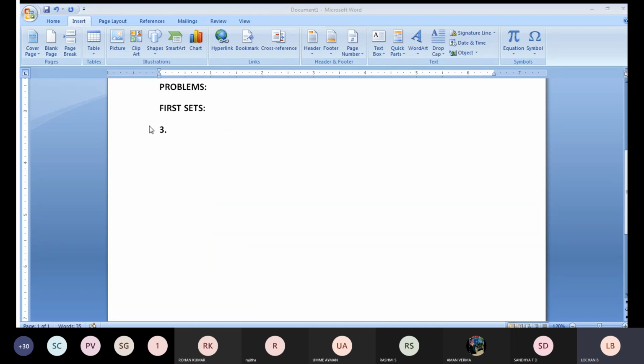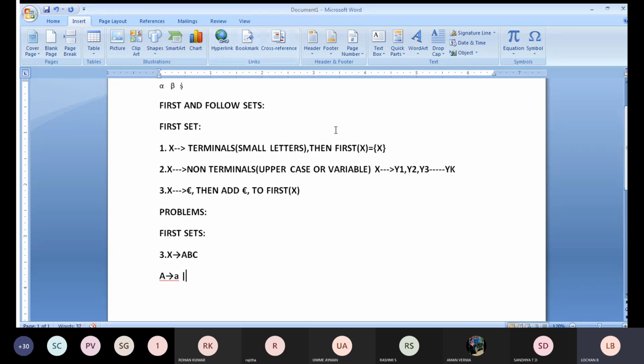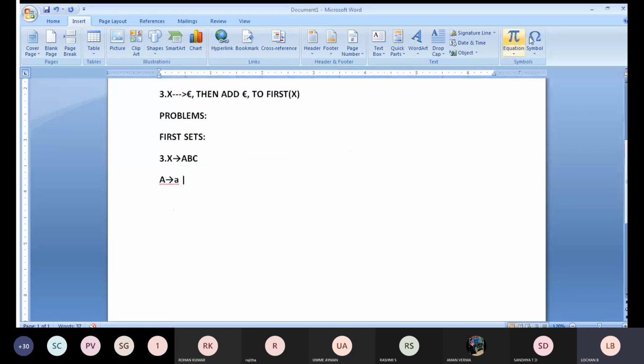So third problem, let us do X implies ABC. We are going to continue the production now. A implies, don't write anything, observe. If you understood, you can write: A implies a or epsilon.